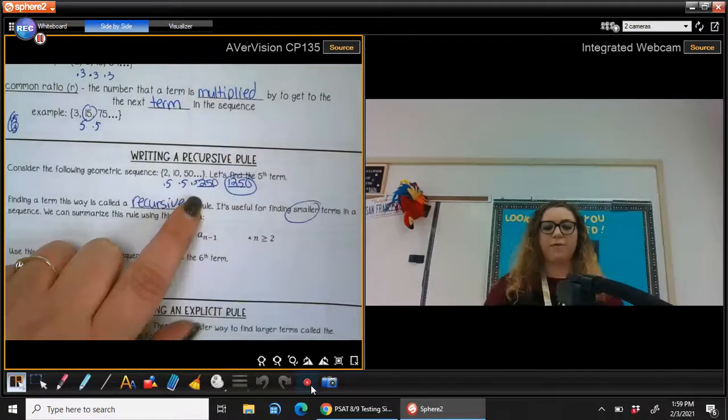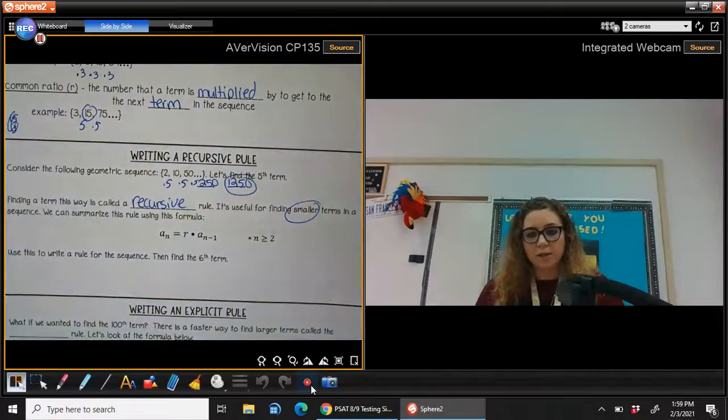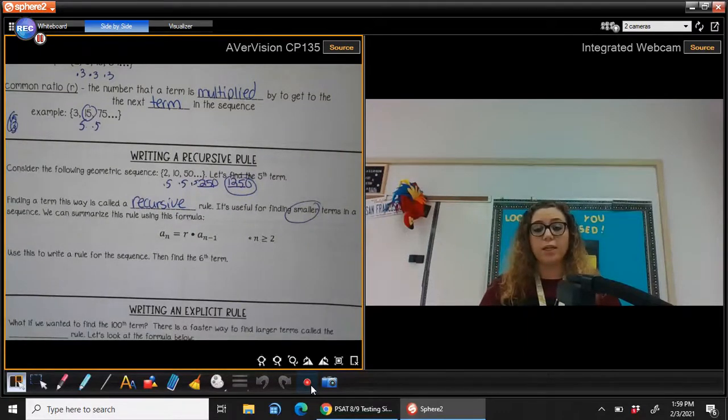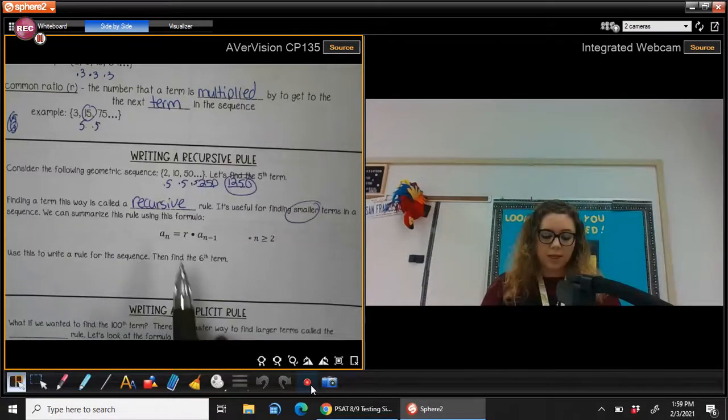So this is my fifth term. Now can you imagine if they wanted us to find the 100th term? It would keep going on and on, and we do not have time for that. But for smaller numbers, it's super easy. It's efficient. We can use it. That's the recursive formula.